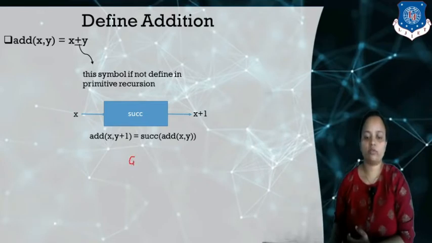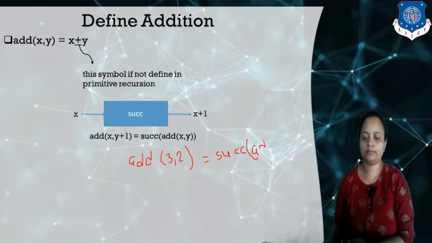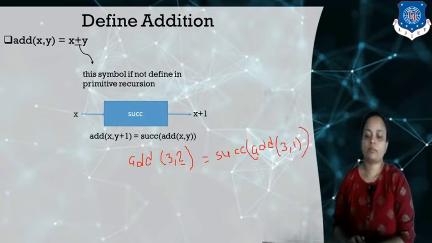Suppose I want to compute add of 3 comma 2. Can we write this as successor of add of 3 comma 1, because it is y plus 1, so y is 1? Yes.